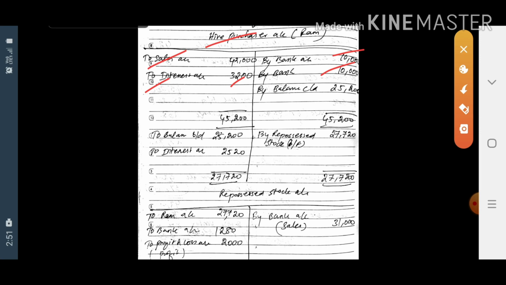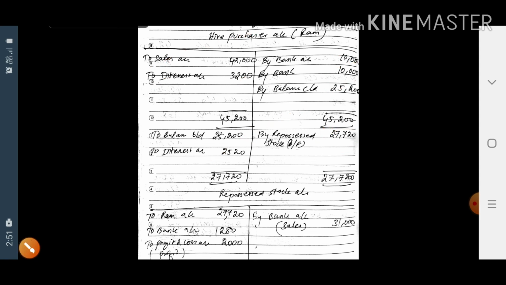We'll write by bank, and for the installment 10,000 by bank. The balance comes around 25,200. Brought down here, again second year interest, and now in the second year there is a default, so repossession takes place. So here the value of repossessed stock is 27,720.